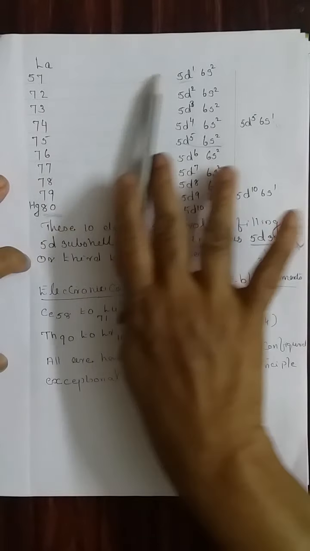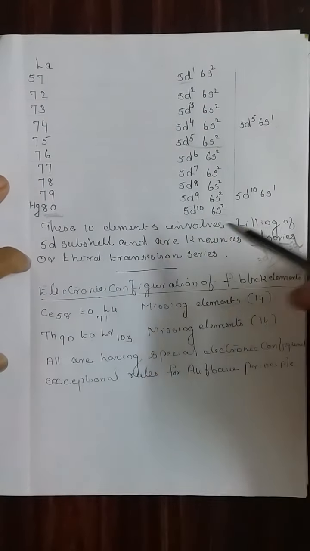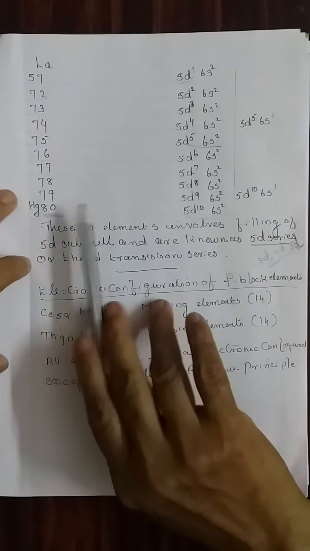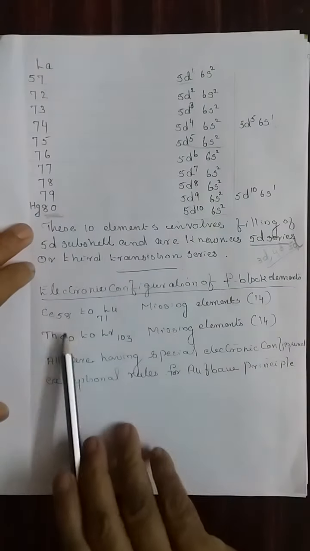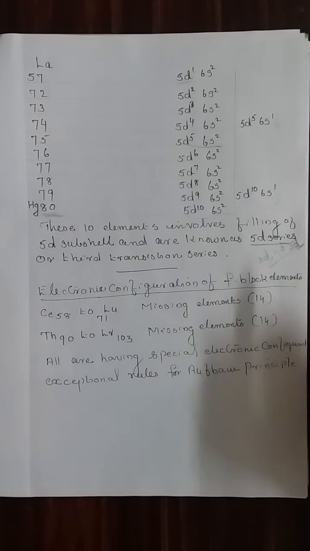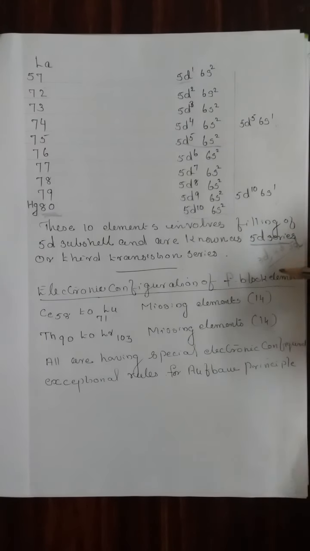Up to here, the electronic configuration is the same as per the Aufbau principle. But when you are doing it, write the electronic configuration properly so that you can understand by means of a table. Then, next one is the electronic configuration of f block. If we discuss it along with this, you can easily understand.